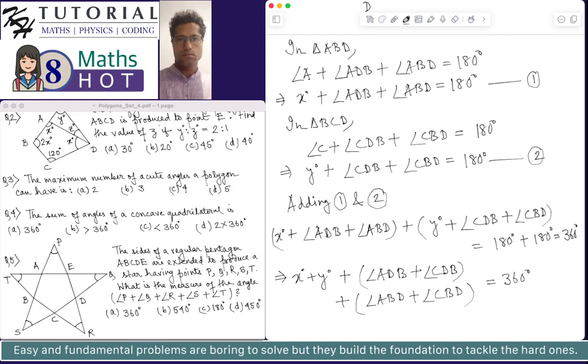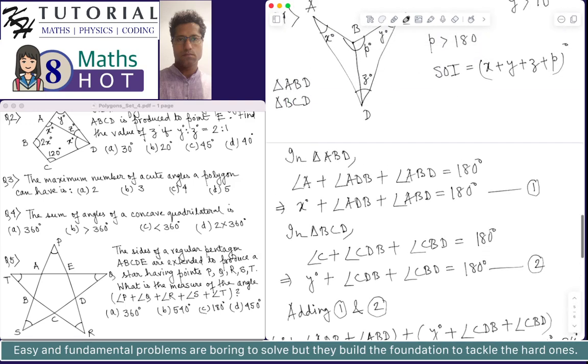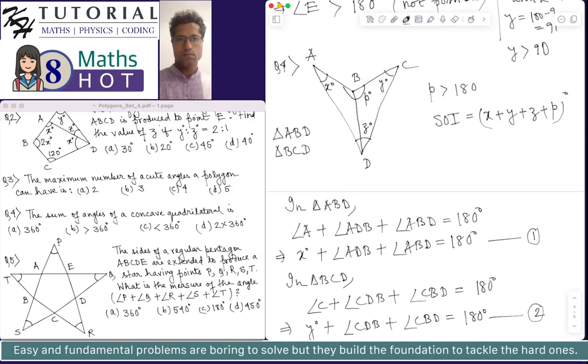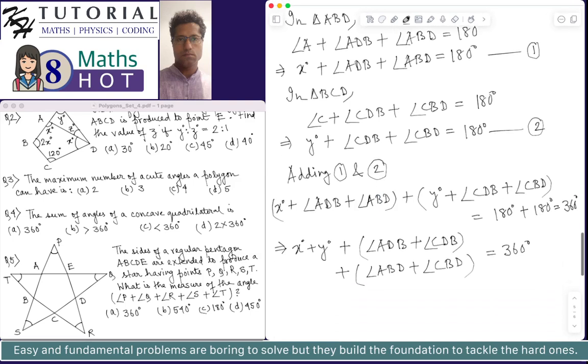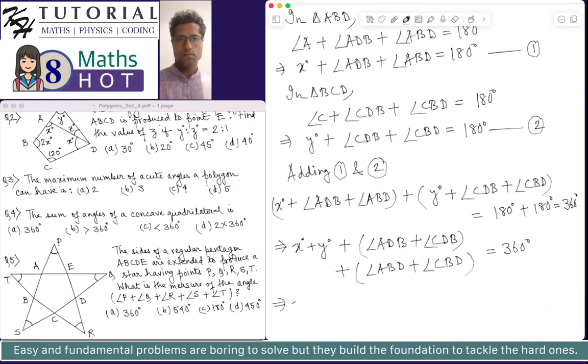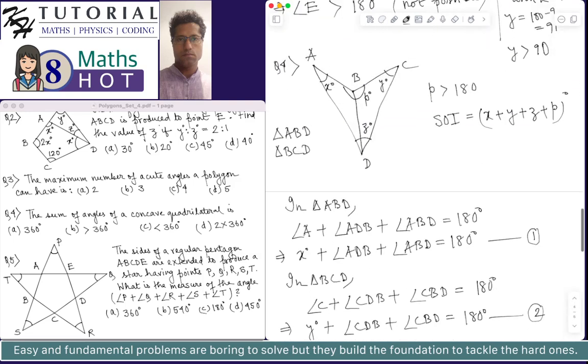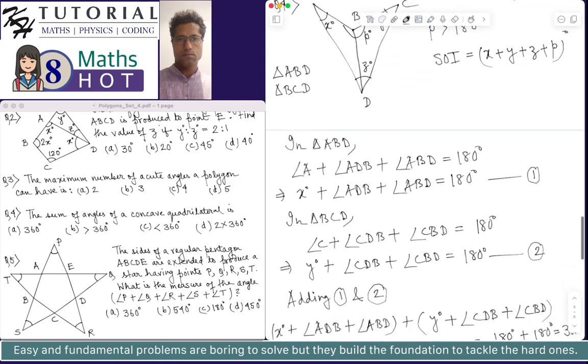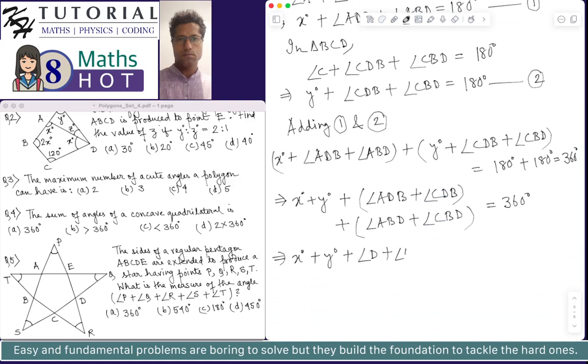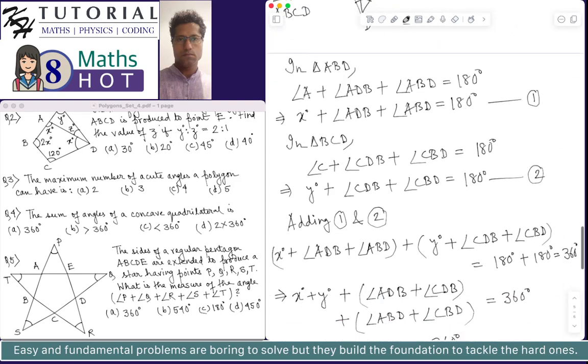Now what is angle ADB plus CDB? Angle ADB plus angle CDB is equal to angle D. And angle ABD plus CBD is angle B. So we have x degree plus y degree plus angle D plus angle B equal to 360 degree, and D was z degree.